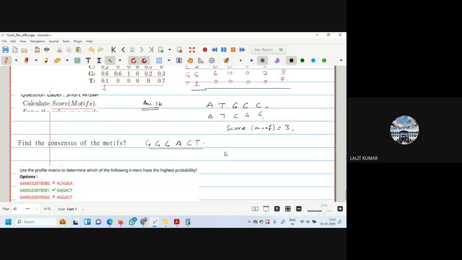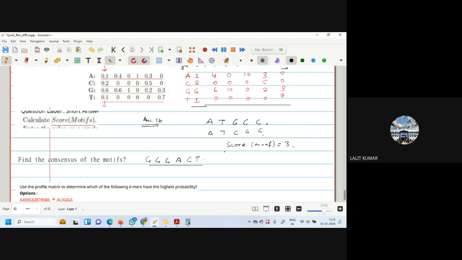So here again we know, so we'll use the same concept. C2 is 0, T2 is 0, A3 is 0, C3 is 0, T3 is 0, then C4 is equal to G4 is equal to T4 is equal to 0, T5 is equal to 0, A6 is equal to 0, and C6 is equal to 0.